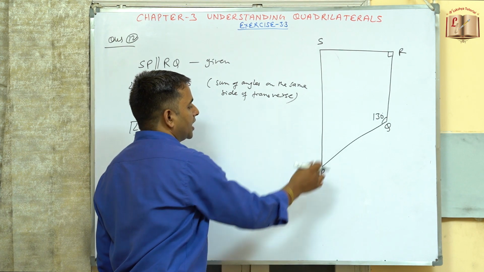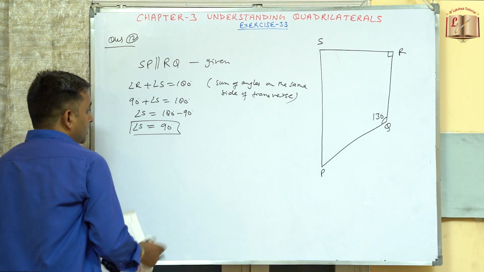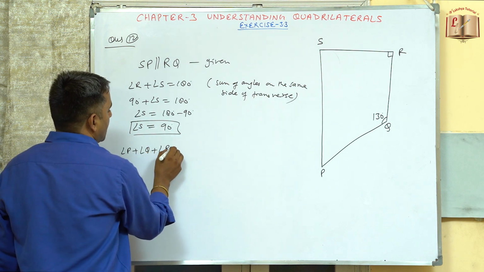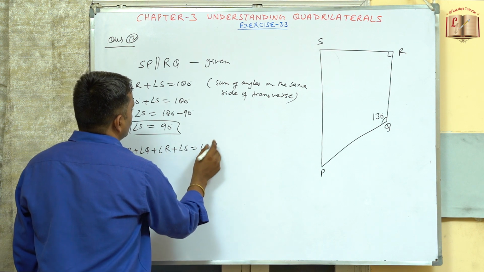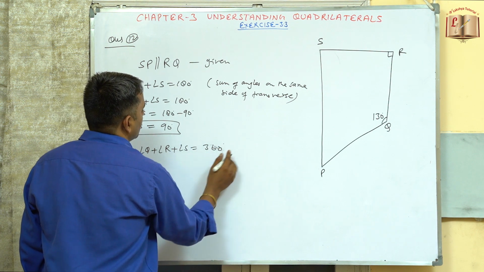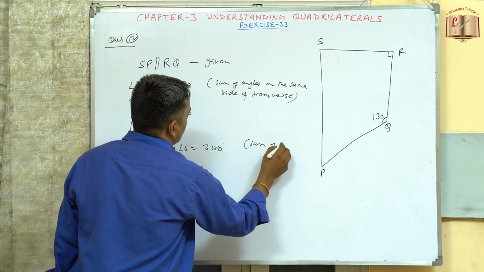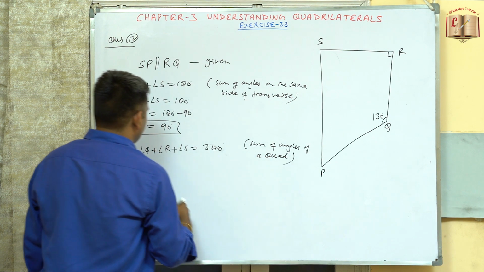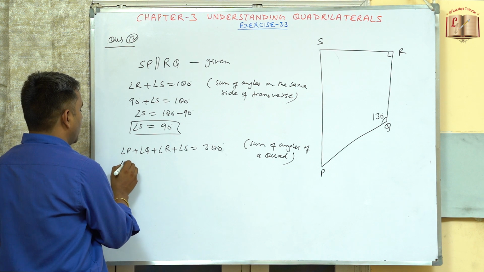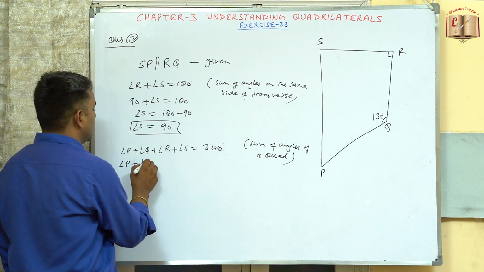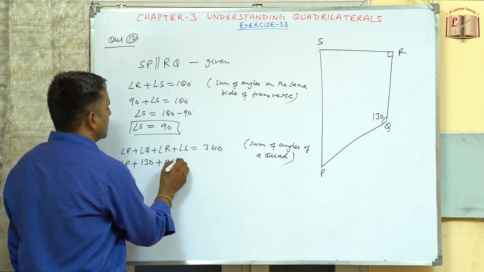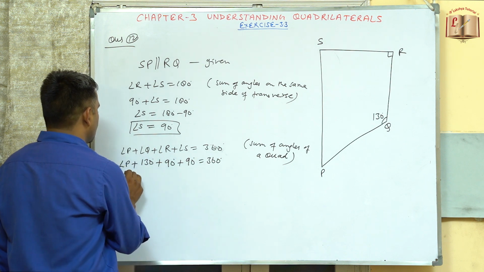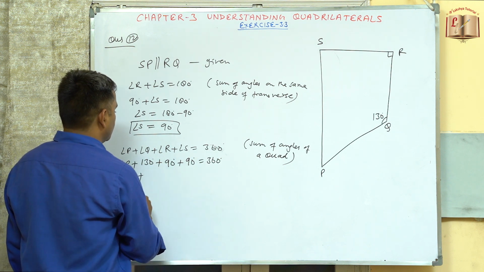Now we need to find angle P. So in this quadrilateral, angle P plus angle Q plus angle R plus angle S will be equal to 360 degrees, because this is the sum of angles of a quadrilateral. So angle P we need to find, plus angle Q is 130 degrees, plus angle R is 90, plus angle S is 90. So this will be equal to 360 degrees.